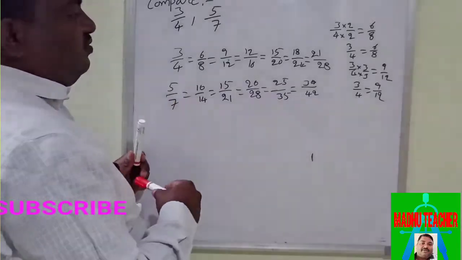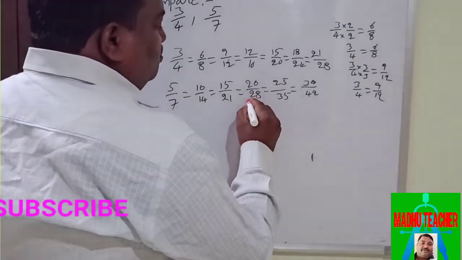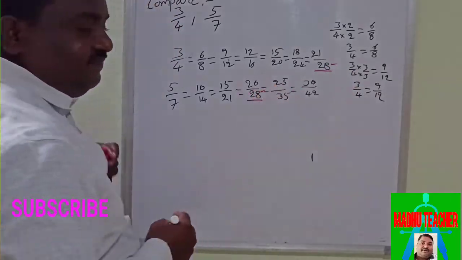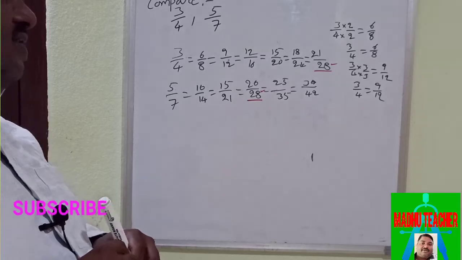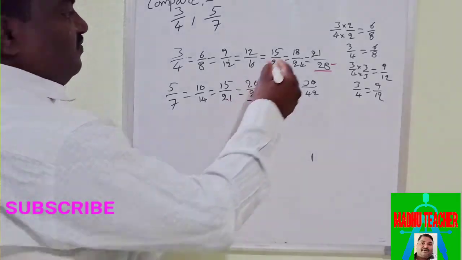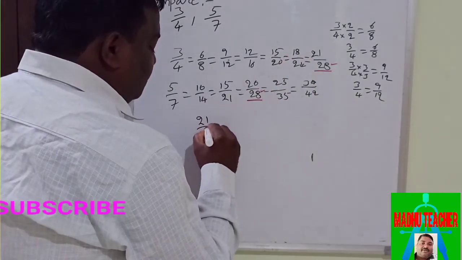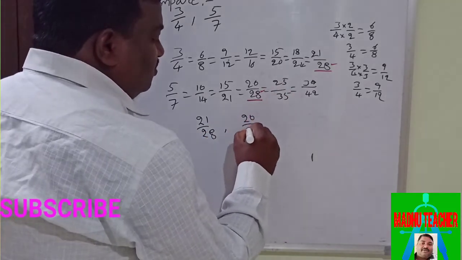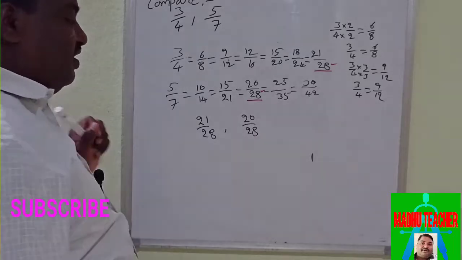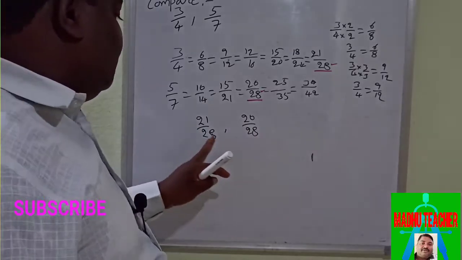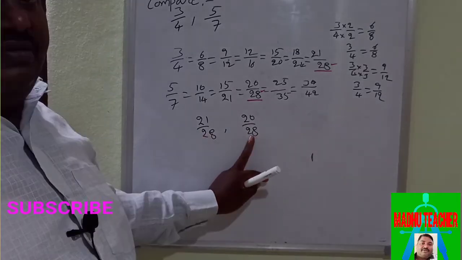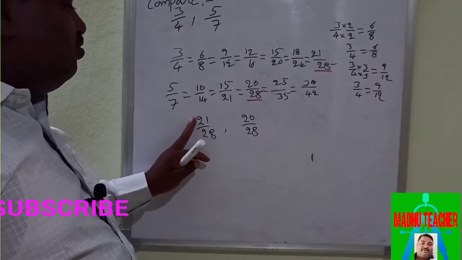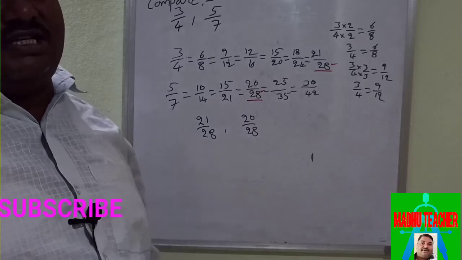By observing these two, in these two fractions we have equal denominators. So what are those? First one is 21 by 28, and second one we have 20 by 28. In two fractions, if denominators are equal, then the fraction which has more numerator is the greater fraction.